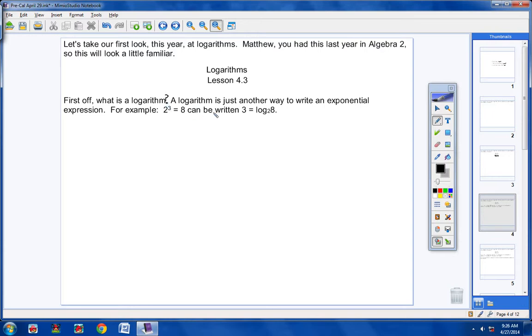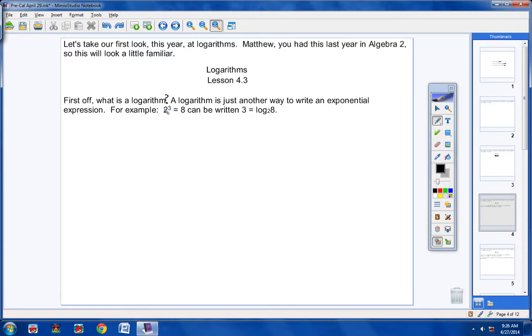What is a logarithm? A logarithm is just another way to write an exponential expression. For example, we all know that 2 to the third power equals 8. 2 times 2 times 2 equals 8. This is called an exponential expression because you've written the 8 as an exponent, 2 to the third power. Now look over here.